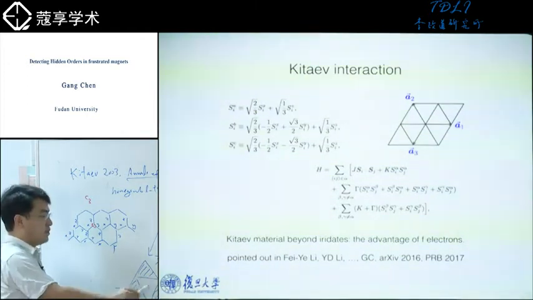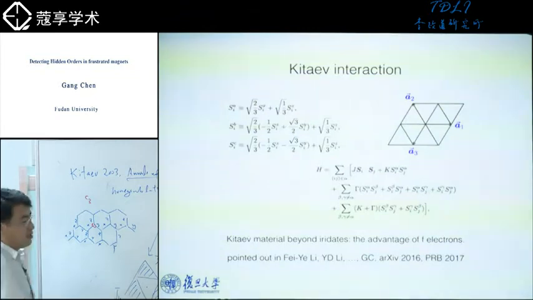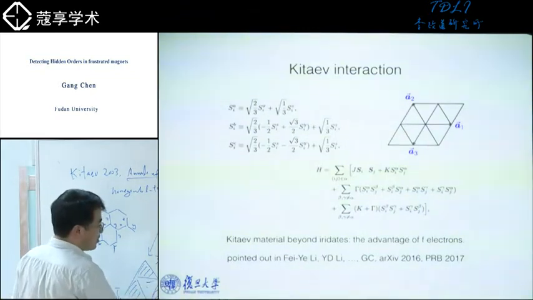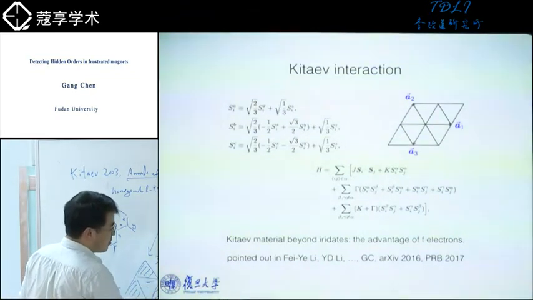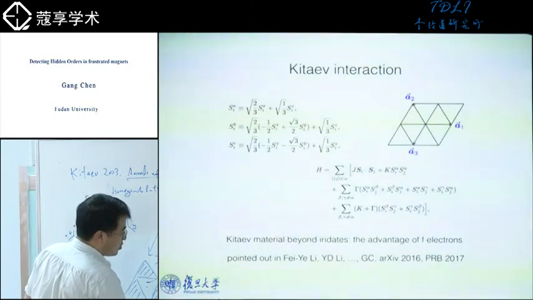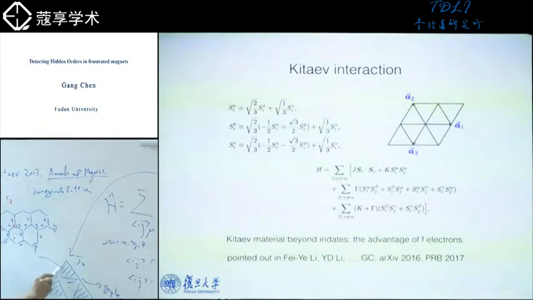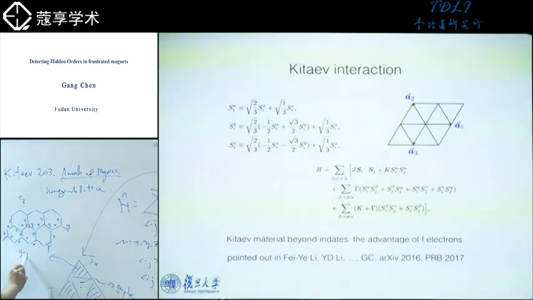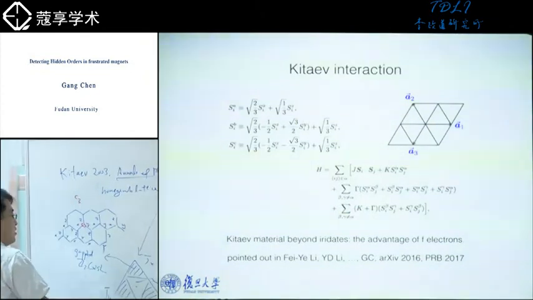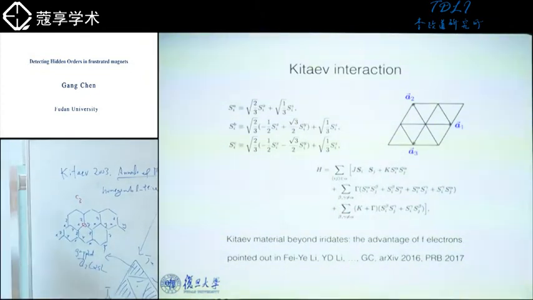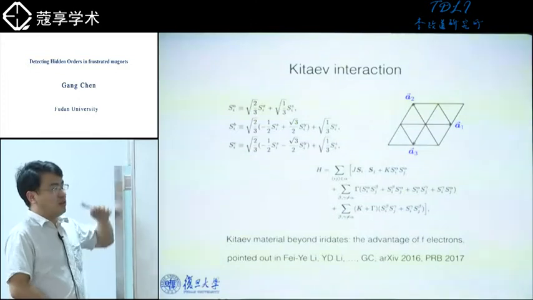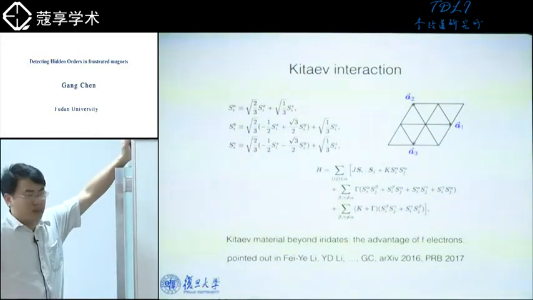So this white region is gapless. It's called a gapless Kitaev spin liquid, a critical quantum spin liquid. This is a gapped Z2 quantum spin liquid. And these regions can be mapped into the previous model by Kitaev called the toric code model.